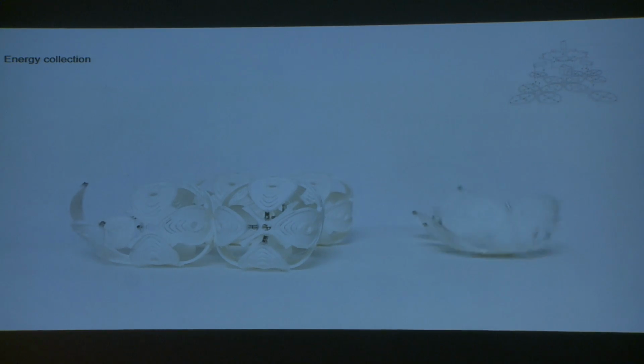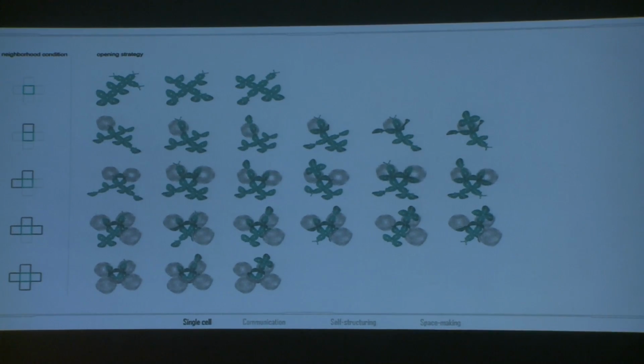This prototype shows how each cell can open and close at different times to gain electricity to keep the system running. After we made lots of iterations, we created the catalog of how the cells can open themselves according to their condition.